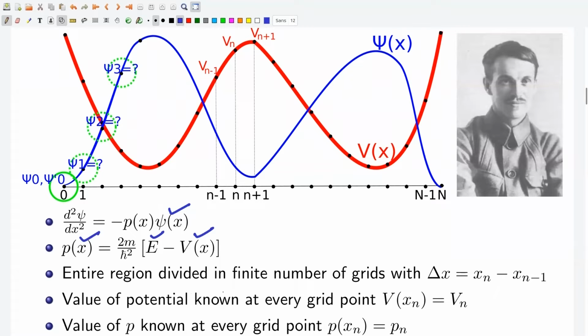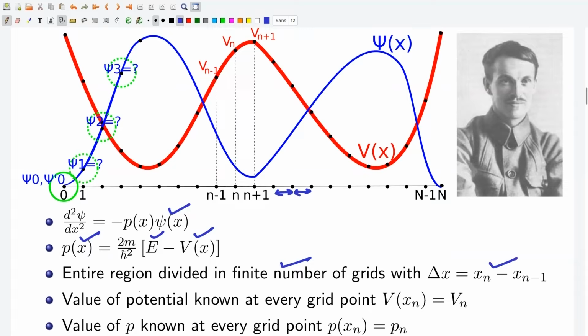The first step that we take is we divide the entire region into a finite number of grids. So you see, this is the entire region. You see this straight line. This defines the region where we have to solve for psi of x, and then the entire region is divided into small regions of width delta x.